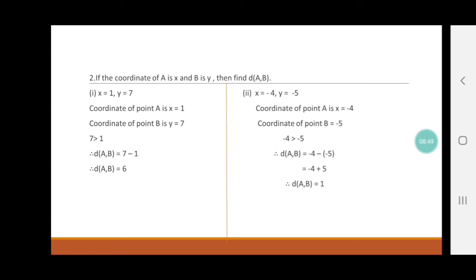Minus 4 is bigger than minus 5. So distance between AB will be equal to x minus y, that is minus 4 minus of minus 5. So minus 4 plus 5, that is equal to 1. So distance between AB is equal to 1. Remaining problems will be homework.